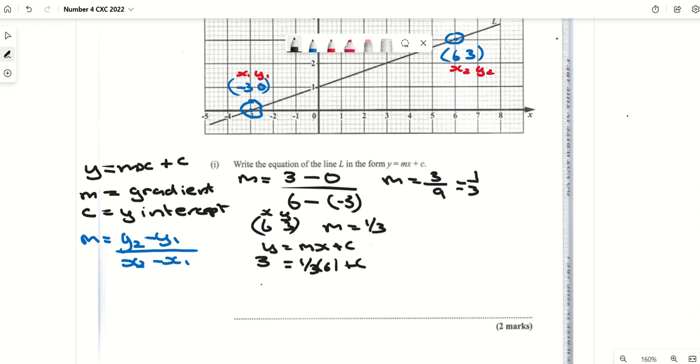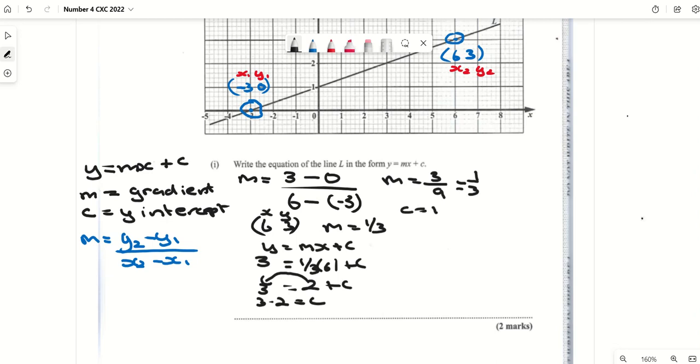We make c the subject. So that's 3 is equal to a third by 6, which is 2, plus c. You carry across the 2. Although we're not seeing it, it's positive 2. We carry across positive 2, it'll turn to negative 2. So it's 3 minus 2 is equal to c. So c is equal to 1.